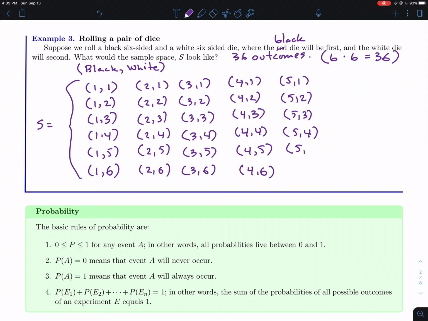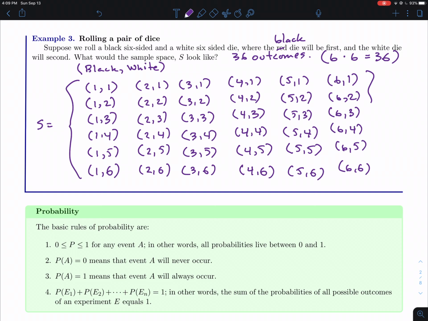So again, write this in your notes, keep it somewhere where you know it's at, because it will come up again. So there's our big sample space, again, of 36 different possibilities that we can have.